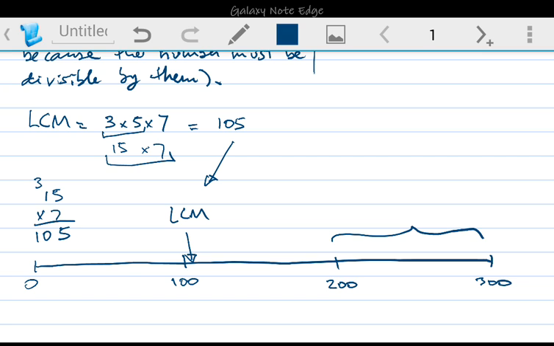So how do we obtain a number that is between 200 and 300 that meets the requirements? Well, it's very simple. All we have to do is, let's call it the range number.